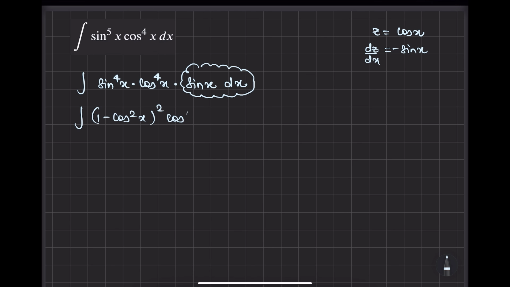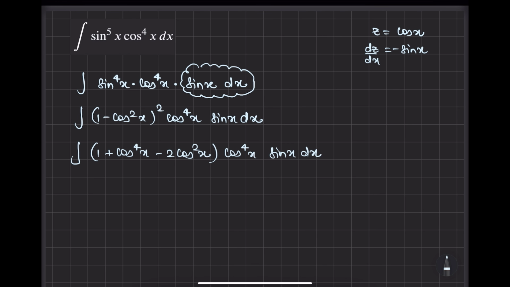So it is cos power 4x sin x dx. Now, for the time being, let's open the bracket: 1 plus cos power 4x minus 2 cos square x, and then we have cos power 4x sin x dx.